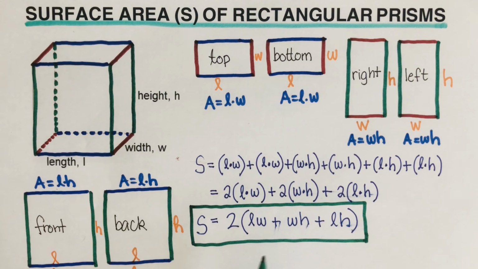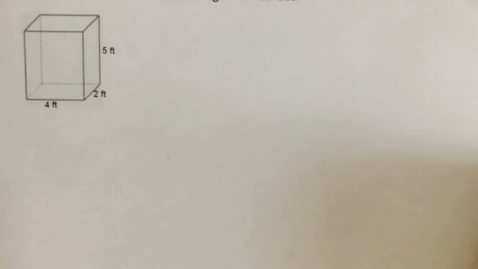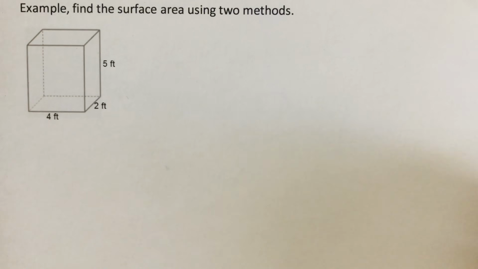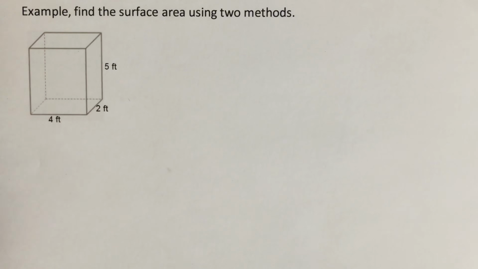So I just showed you the process on how to find this. So let's have an example to better see how we use this equation, how we use this process to find the surface area of a rectangular prism. So it says here that this is a rectangular prism, and we are asked to show the work for the surface area using two methods.